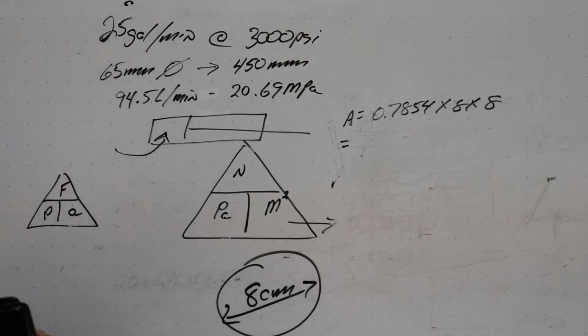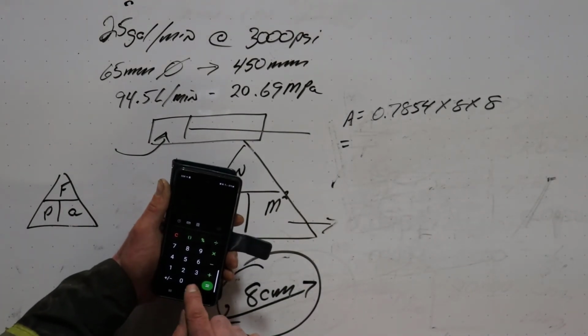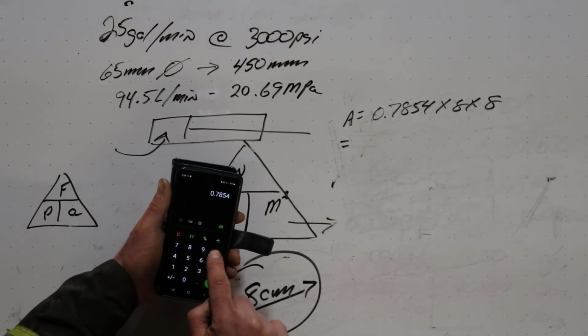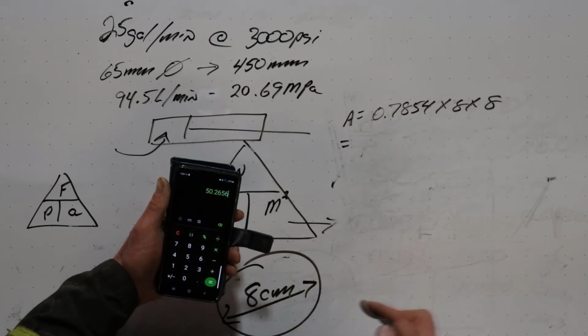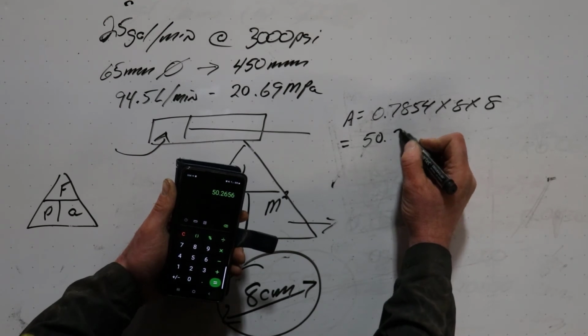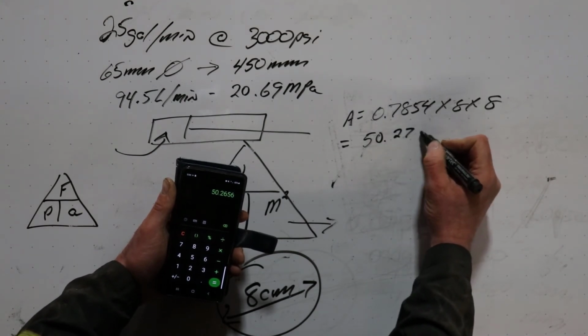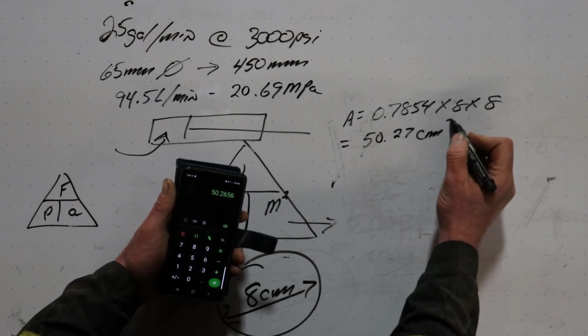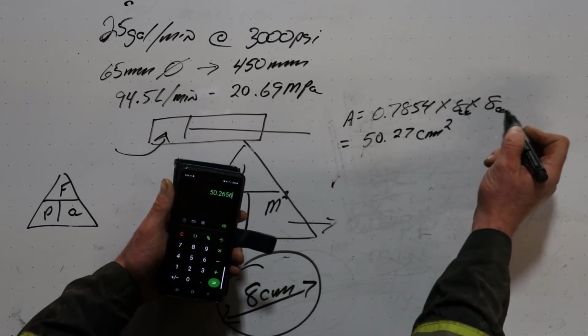That would equal 50.27 centimeters squared. Centimeters times centimeters.